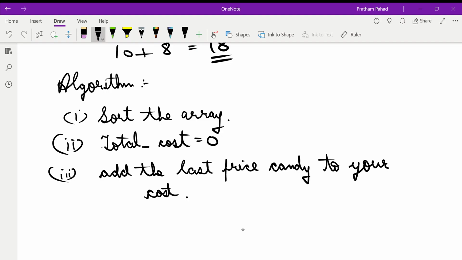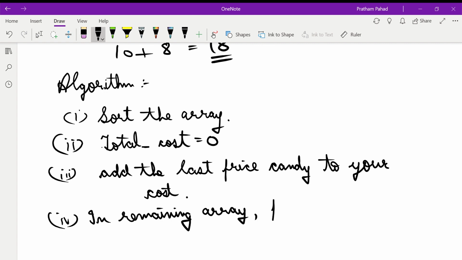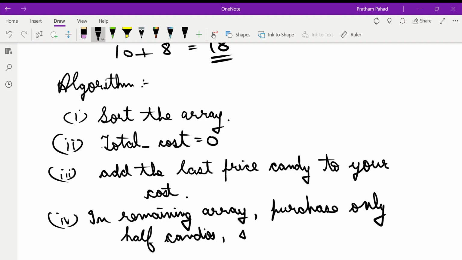Okay, now in the remaining array, purchase only half of the candies, so that the other half becomes free for me.